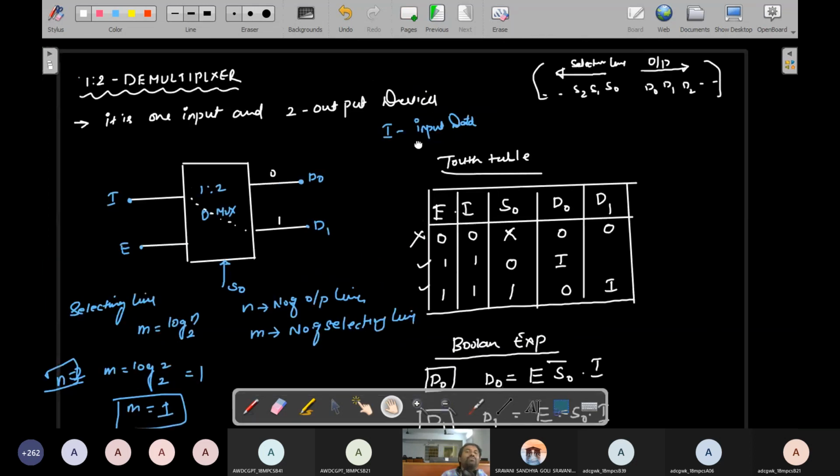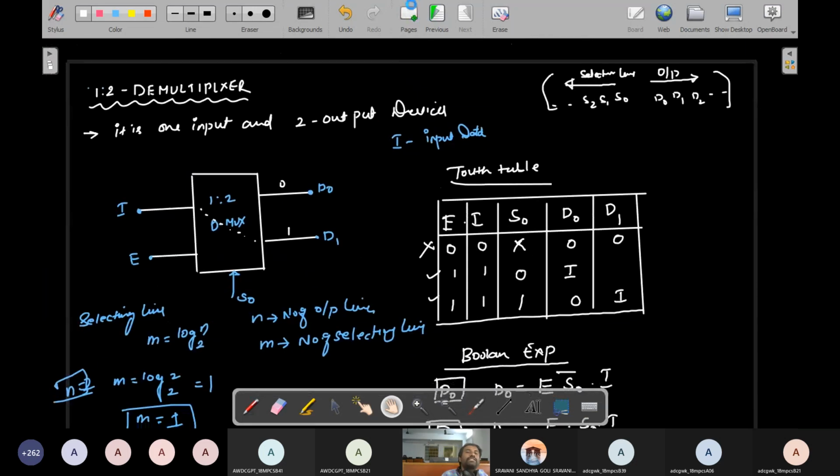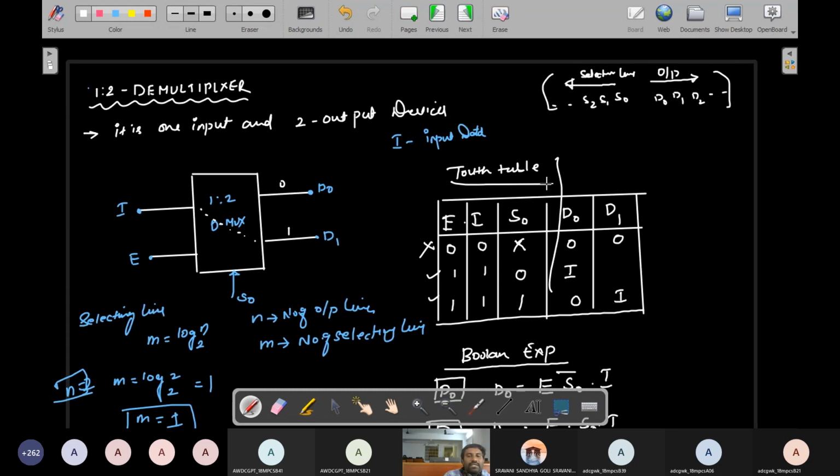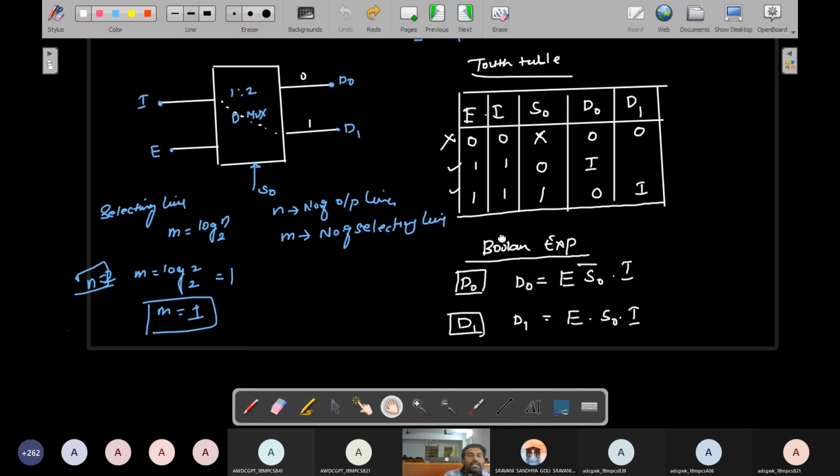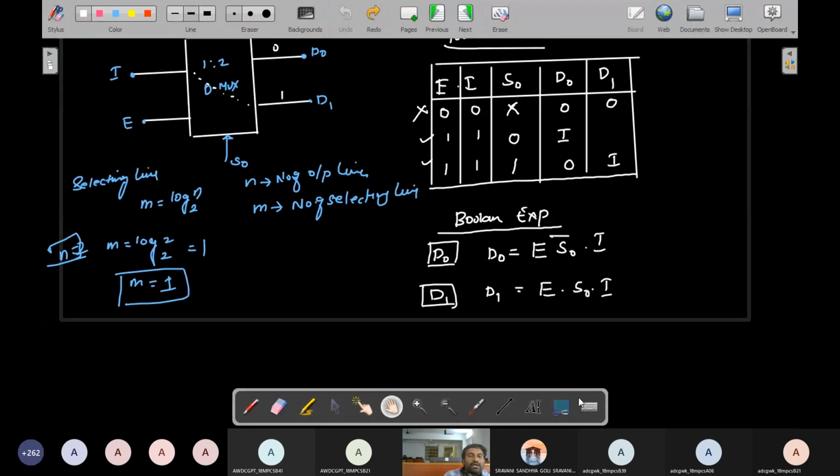Right, I'll move to the next page. In the next page I'll write the logical diagram. So the logical diagram using this output. See these expressions, once again I cut these expressions.